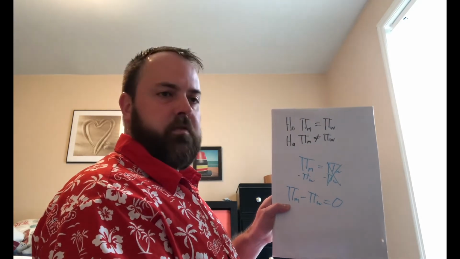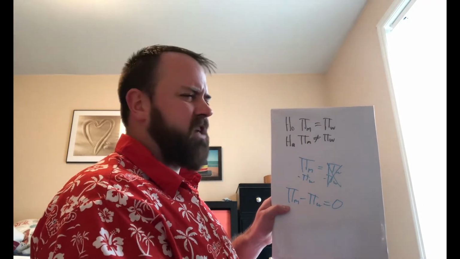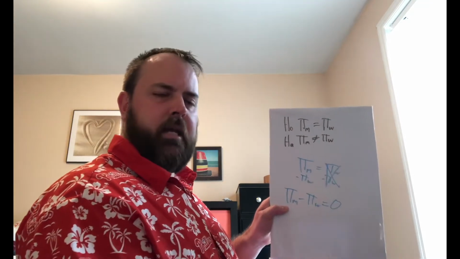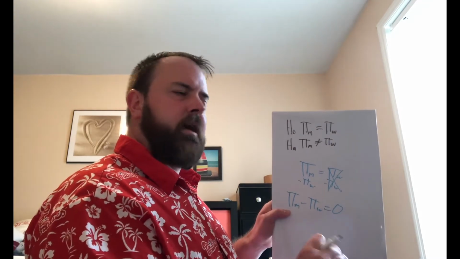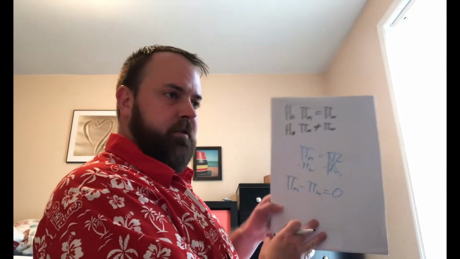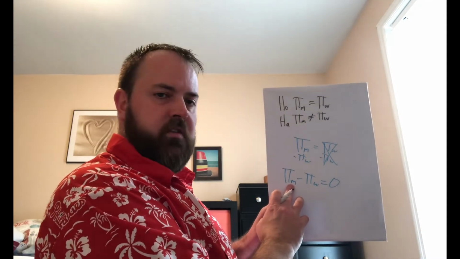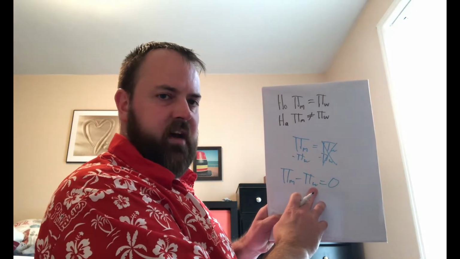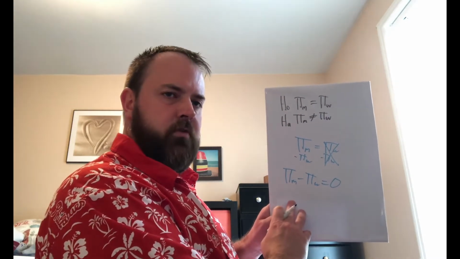Anytime 0 is in your confidence interval, we're going to say that there is no difference, there is no change, even if it is just barely in the interval. If 0 is inside that interval, we're saying that there's no difference. Now, if there is a difference, that means either the men proportion is higher or the women proportion is higher. You need to think about what those numbers would be.